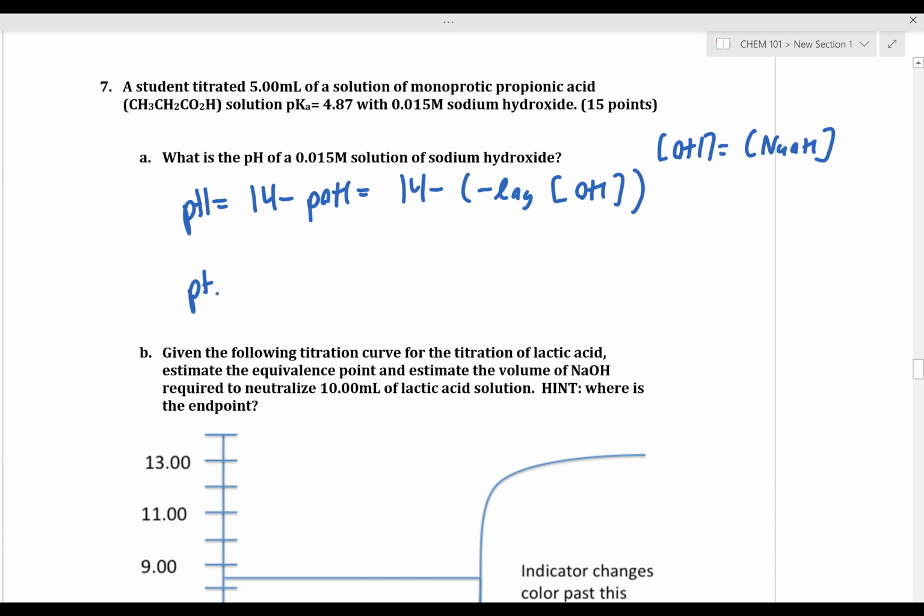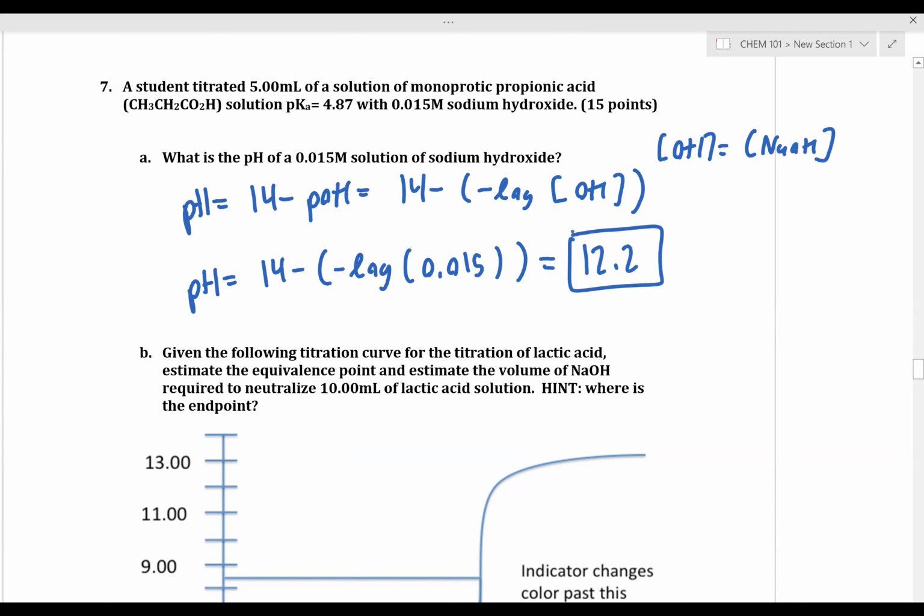So our pH is equal to 14 minus negative log of 0.015, and that in turn gives us a pH of 12.2. We'll talk about this in more detail in chapter 7, which is the next chapter in the sequence. So don't worry about this for today, but for completeness' sake, here's the solution on how you calculate pH given the concentration of strong base.